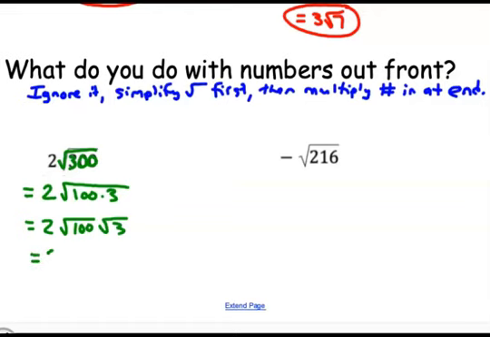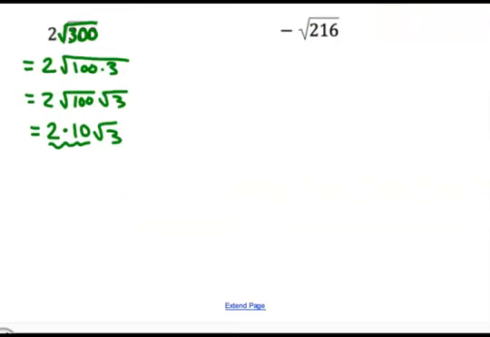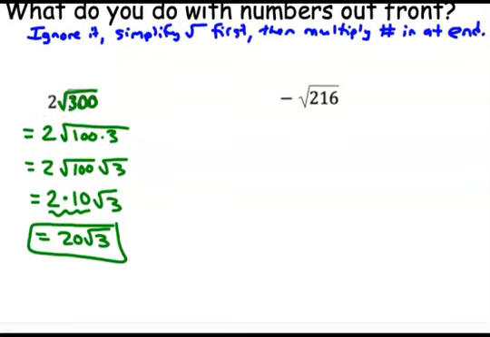Then we can write that as 2 times the square root of 100 is 10 times the square root of 3. And this is where now we can do this 2 times 10. So we ignore it until the very end. We do 2 times 10 is 20. We leave the square root of 3 as it is, and that's how we would simplify that.